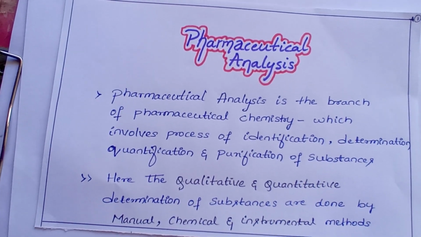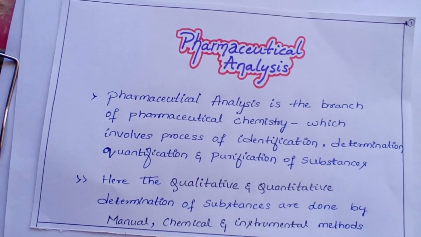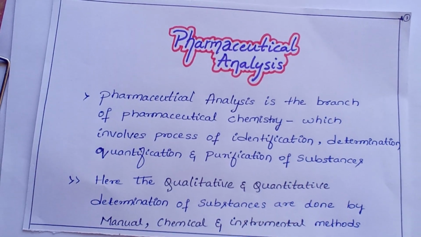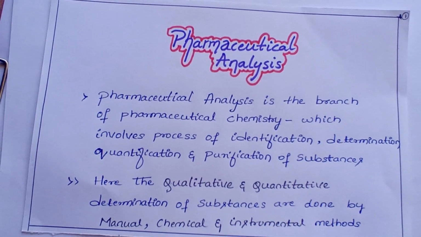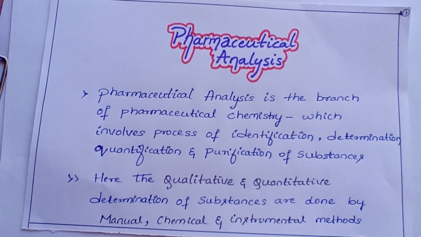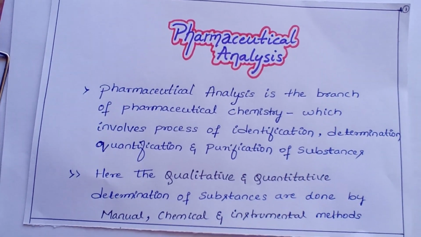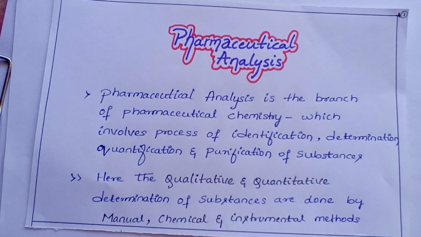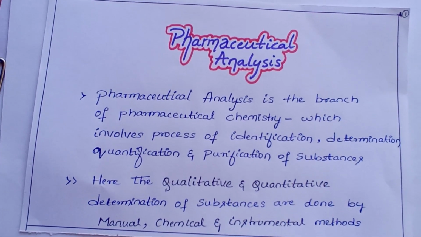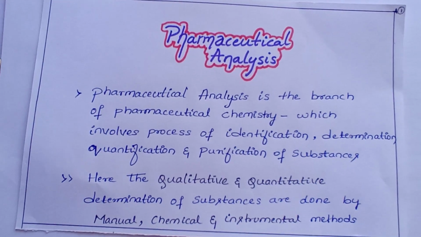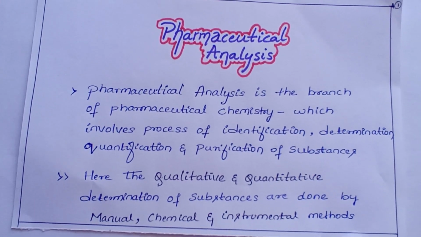So the definition will be in this way. Pharmaceutical analysis is a branch of pharmaceutical chemistry which involves the process of identification, determination, quantification and purification of substances. Here, the qualitative and quantitative determinations of substances are done by manual, chemical, and instrumental methods.